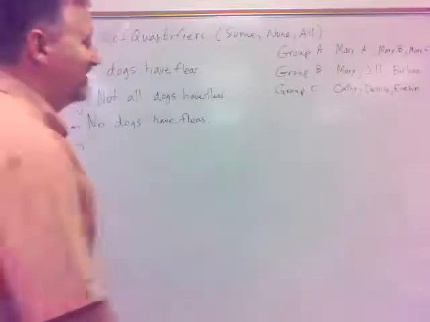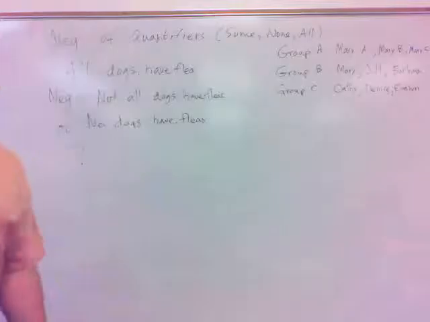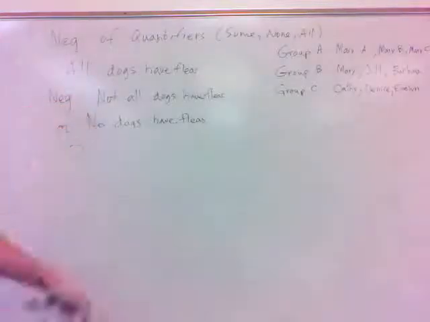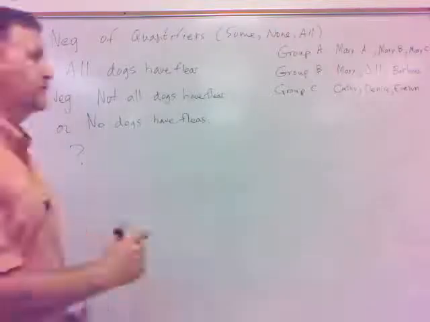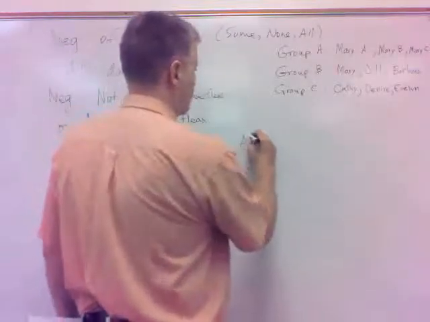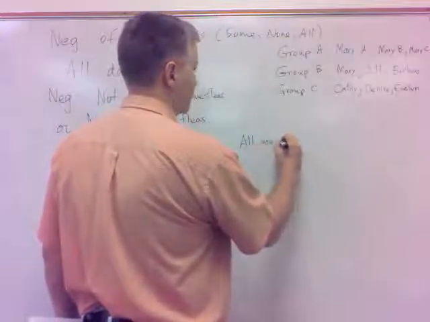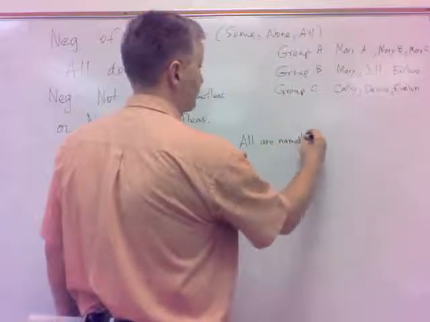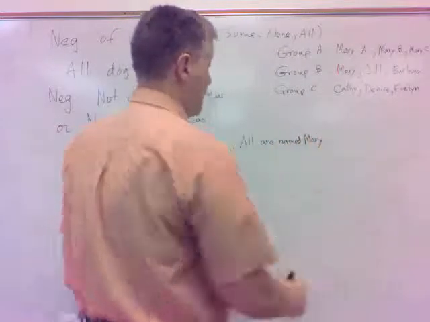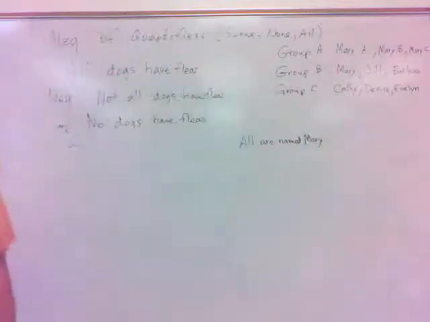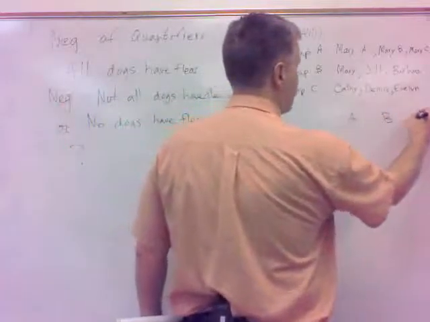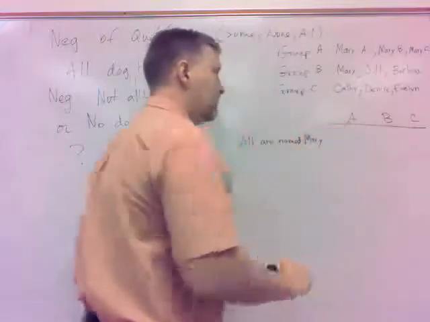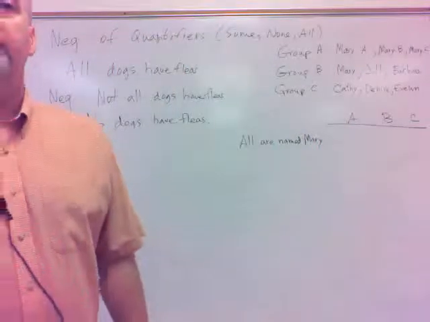The reason I do that is so we can look at some negation possibilities here, because if I make the all statement, all are named Mary, well, that is certainly true in Group A. So I'm going to do A, B, and C here, truth values. In Group A, that's true, isn't it?